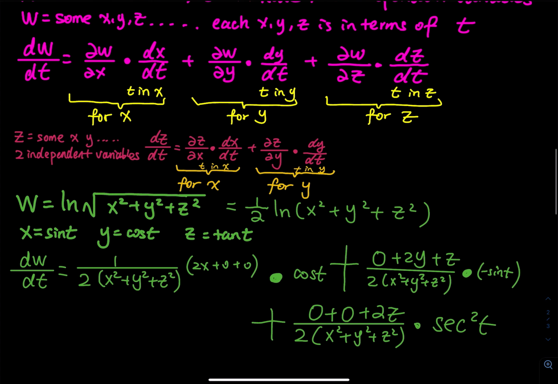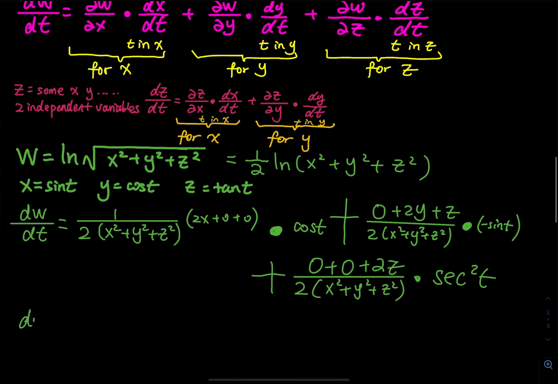And then you have to clean this up. Do they share anything in common? Yup, they do. So dw dt, they share the denominator in common. And then what else can I do? You know what? Here, I can actually reduce the 2. So the bottom will be x squared plus y squared plus z squared.